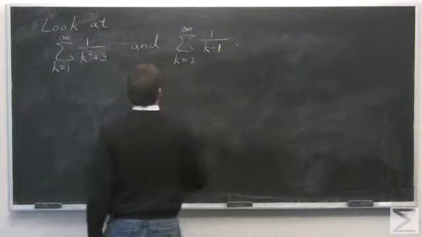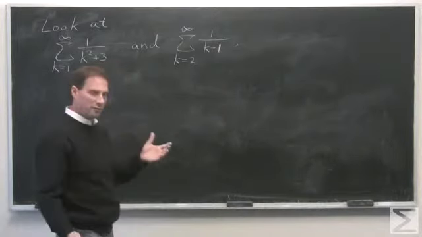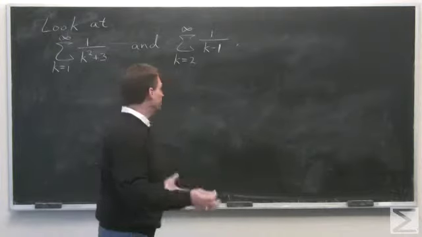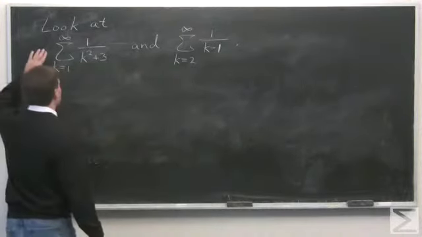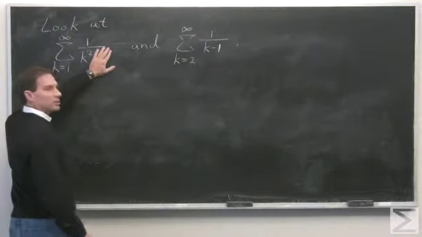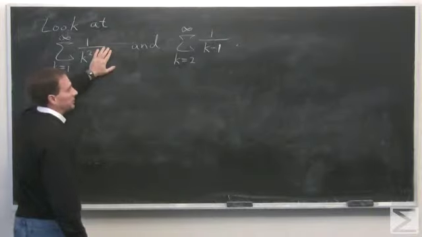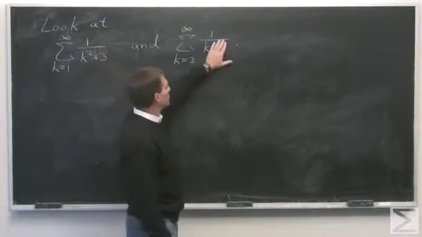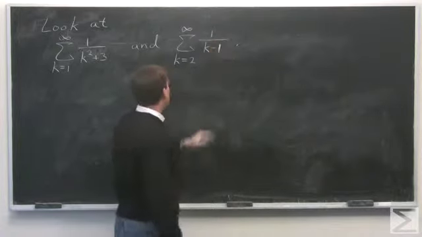The fact that this one starts at k equals 2 doesn't bother us. We know that leaving off a finite number of terms doesn't affect the convergence or the divergence of a series. So this one kind of looks like a p series where p is 2. Does that mean it converges? Maybe. This kind of looks like a p series where p is 1. Does that mean it diverges? Maybe.